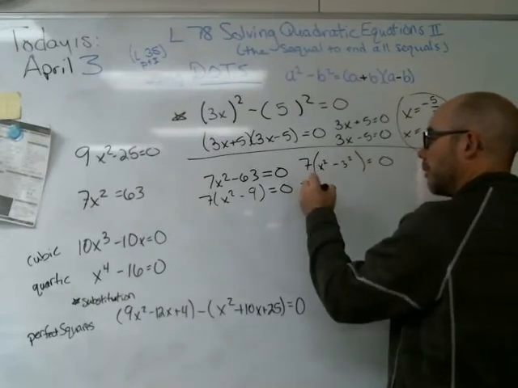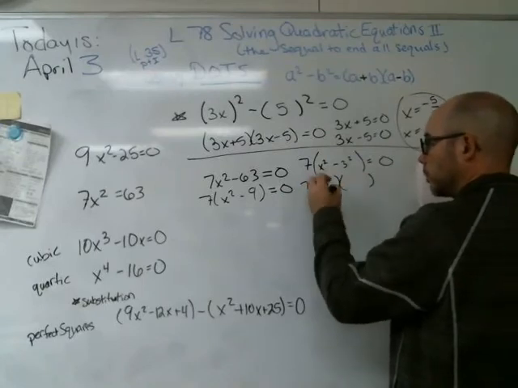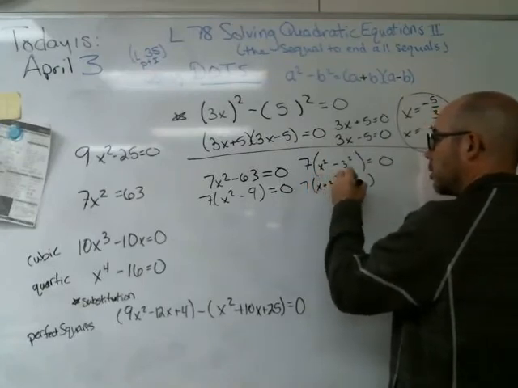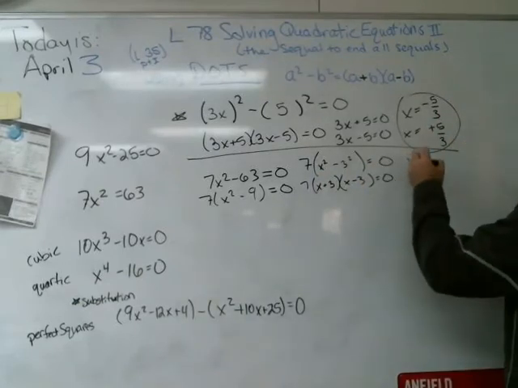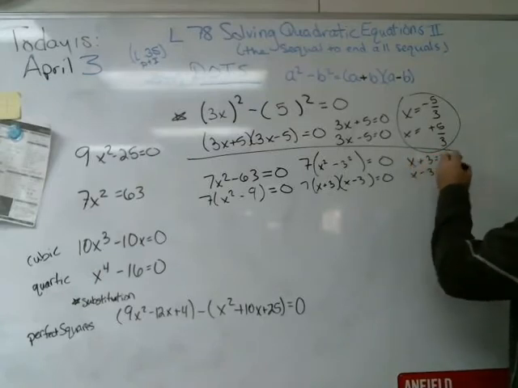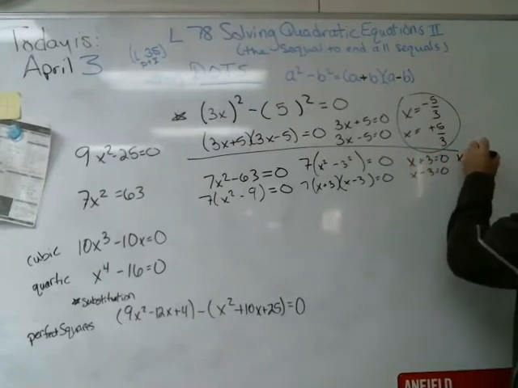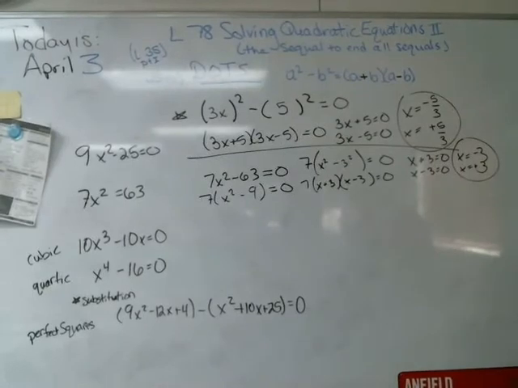So we got our 7 hanging out there, and then we've got (x plus 3)(x minus 3) equals 0. x plus 3 equals 0. x minus 3 equals 0. So x is either negative 3 or x is positive 3. There's our two answers.